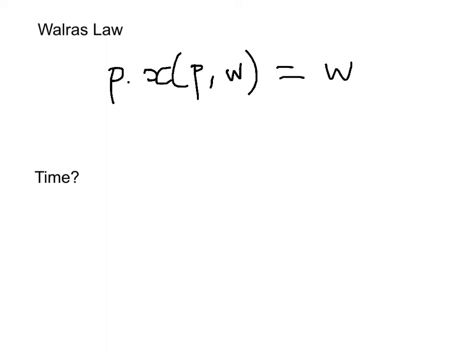What Walras' law is saying is that the consumer fully expends his resources over his lifetime, which I think raises the interesting question of how to define the consumption vector. Is it also defined over a lifetime or over a different time period? And I don't think it's exactly clear in the textbook how you resolve this.